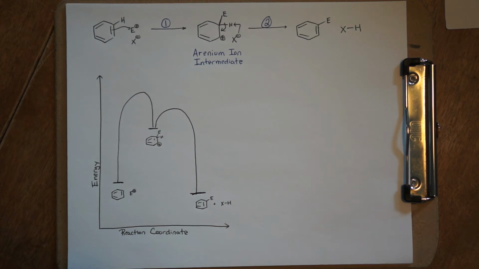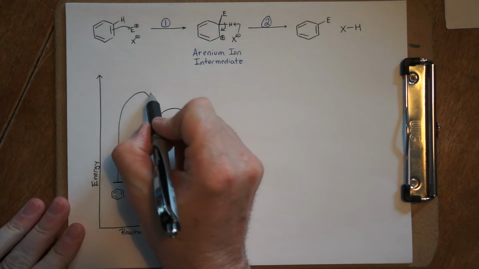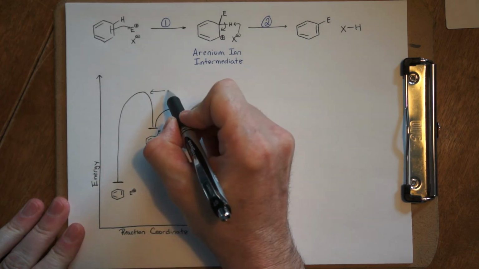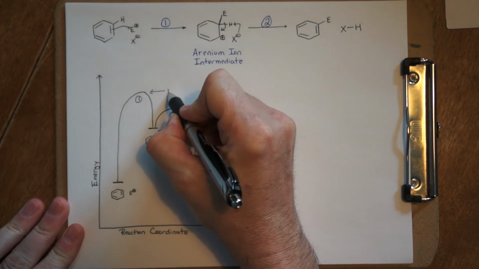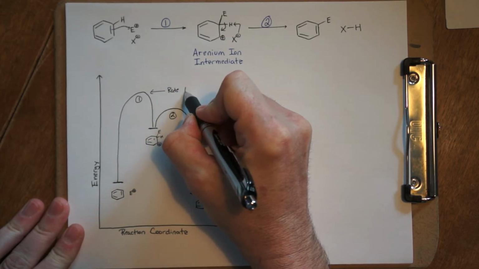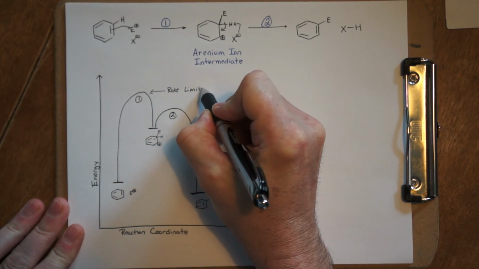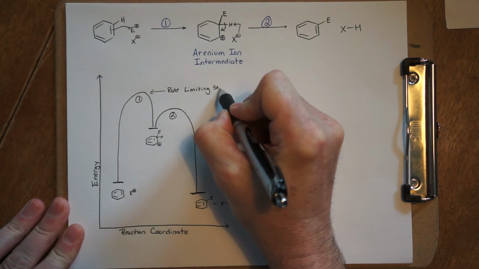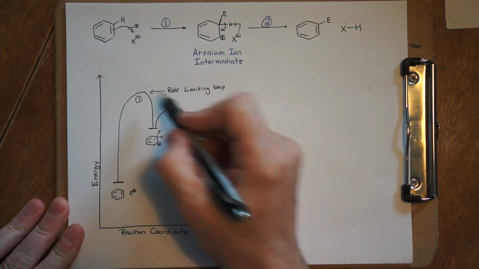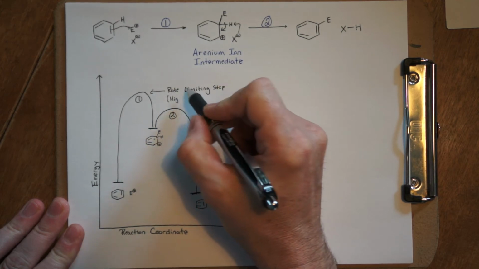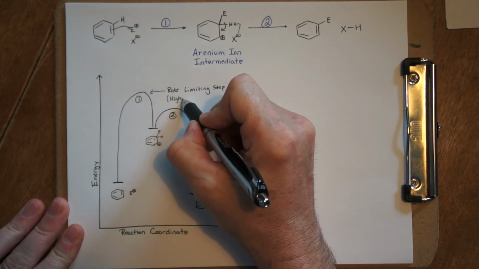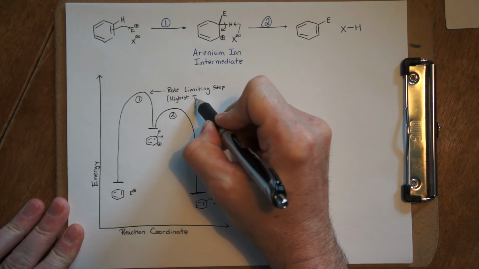So what this energy diagram is telling us is that this first step is, so this is 1 and 2, this first step is the rate limiting step of the reaction. Right? And that's because this is the highest activation energy, or transition state energy.